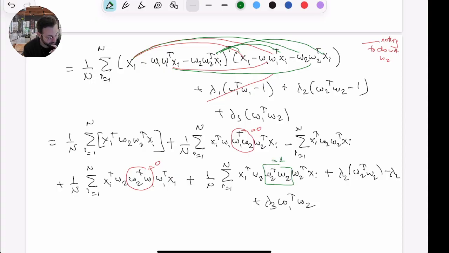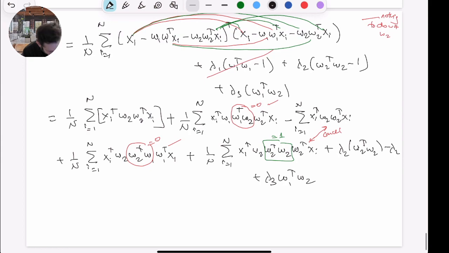So eventually these two guys are going to cancel each other, and this guy is going to go, this guy is going to go. Eventually, what I will have here is equal to 1 over n. I already eliminated the one with the X.